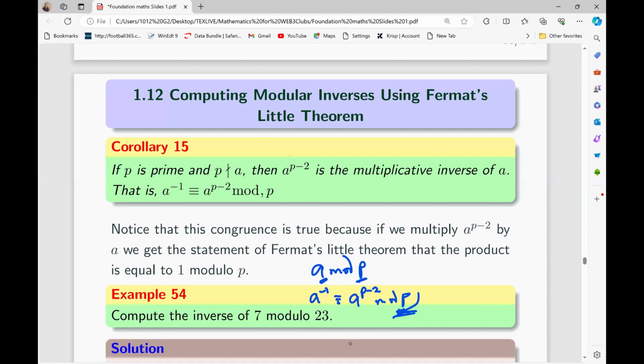But Fermat makes your work easier and faster. The only condition is that p must be prime and it should not divide a. That's the only condition, but it's a faster method than Euclid's algorithm.